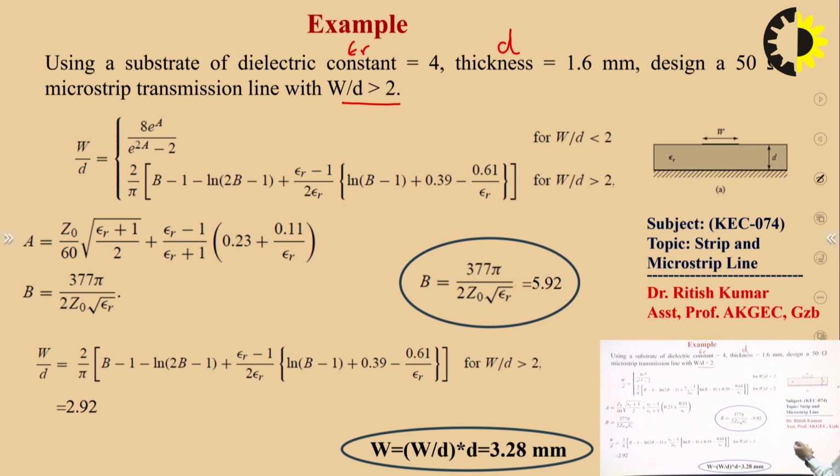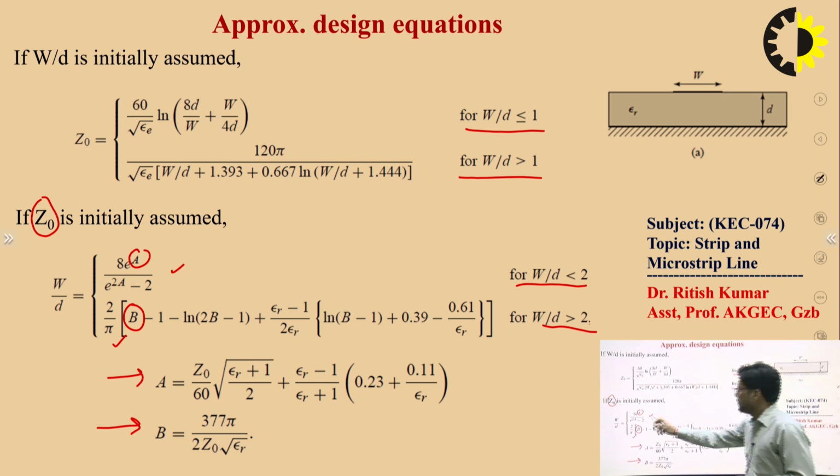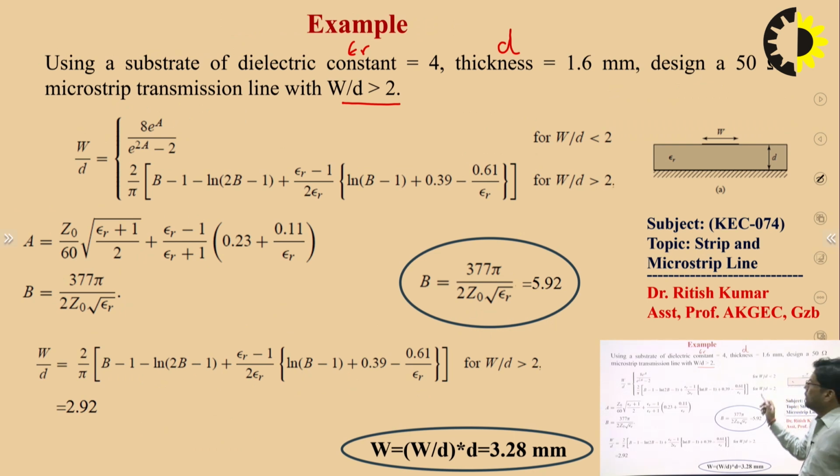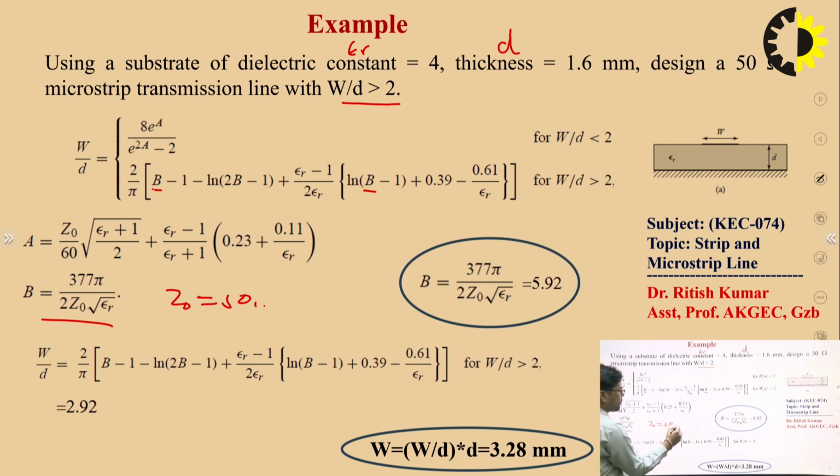So for w by d greater than 2, you have to apply this formula to get the w by d ratio. In this you will see only the b comes into the picture, right? So you have to apply the b formula here. You already know your desired impedance, that is 50 ohm. You need to apply Z0 equal to 50 ohm, right?